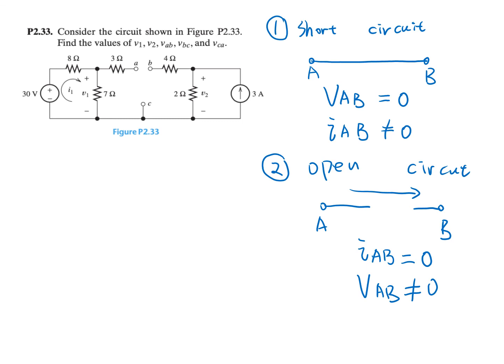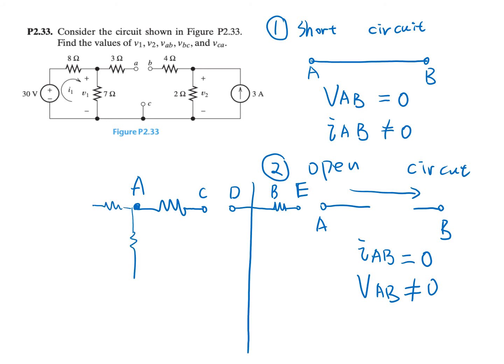And for the open circuit situation, let's say this is point A, and this is a resistor where C and D are not connected, and this is resistor B, and this is E. So in this case, C and D are not connected, and A and C are connected, there may be some other circuit connected here, and the voltage at C is exactly the same as the voltage at point A. And the voltage at point D is exactly the same as the voltage at point E. That's an important point we need to keep in mind.